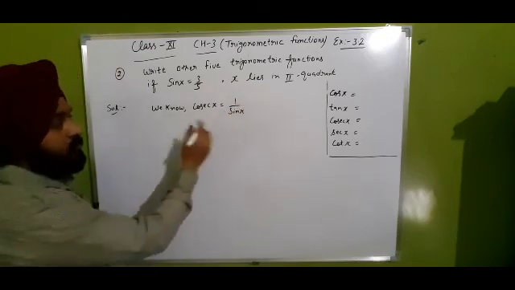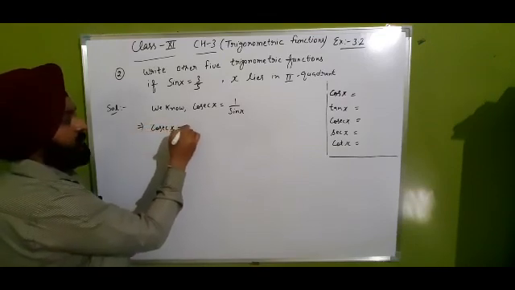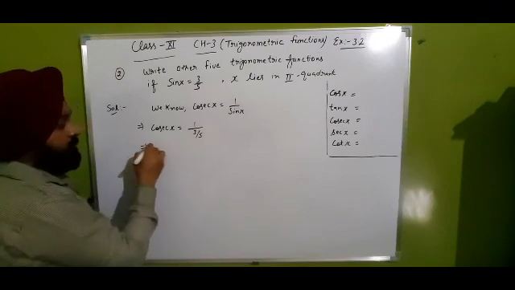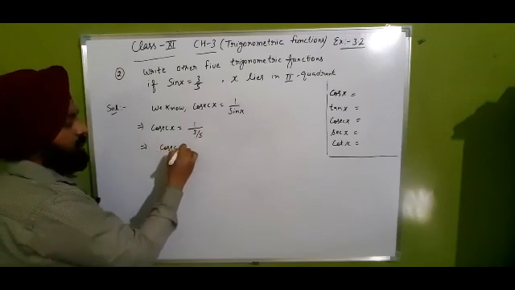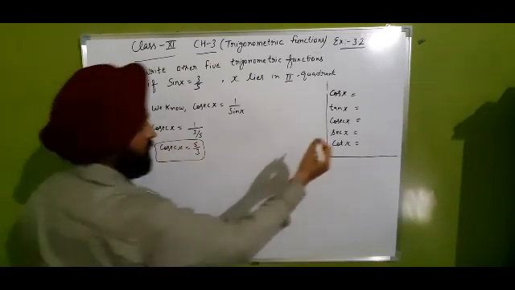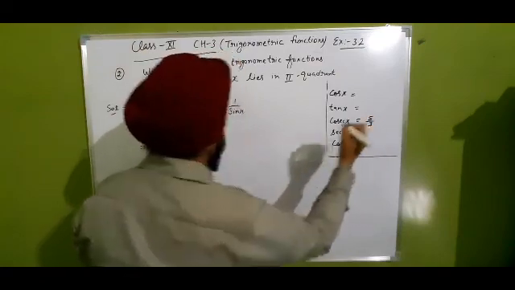It implies cosecant x equals 1 upon 3 upon 5. So in the next step cosecant x is equal to 5 upon 3. Clear? So right here the cosecant x value is 5 upon 3.